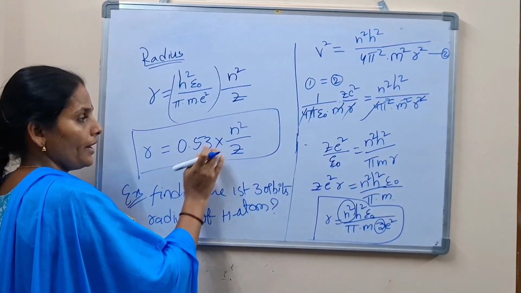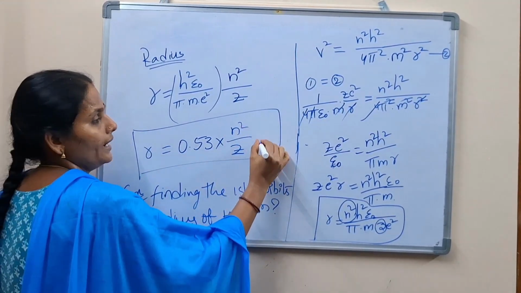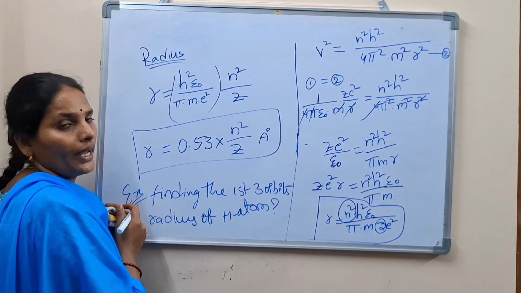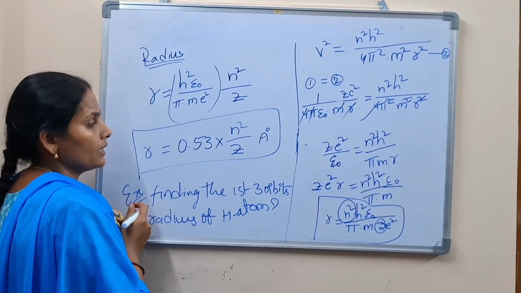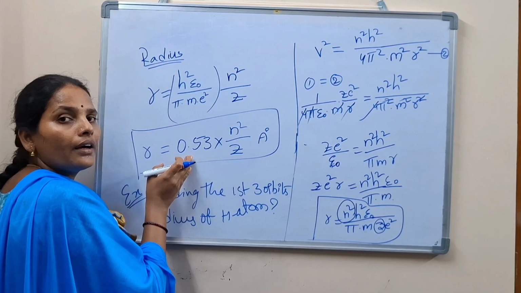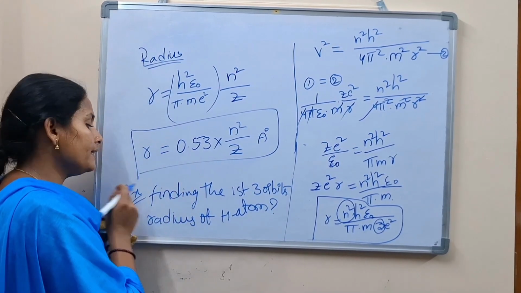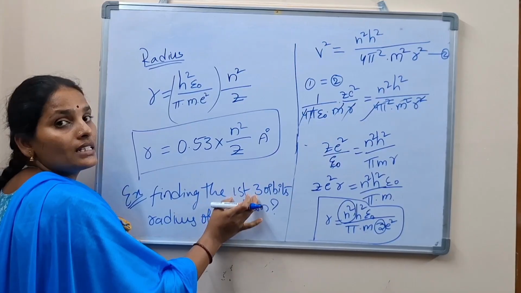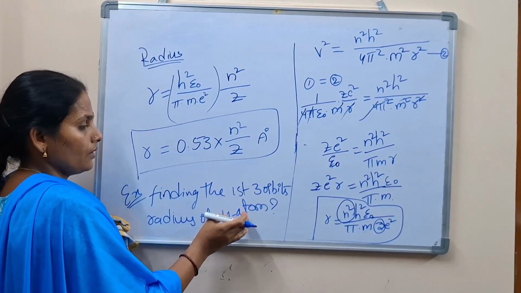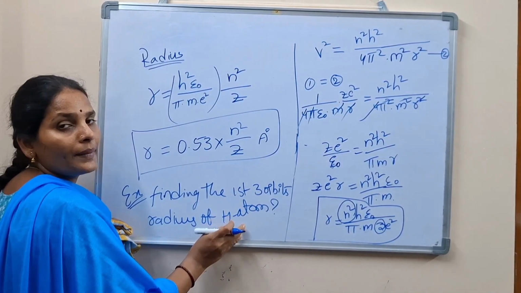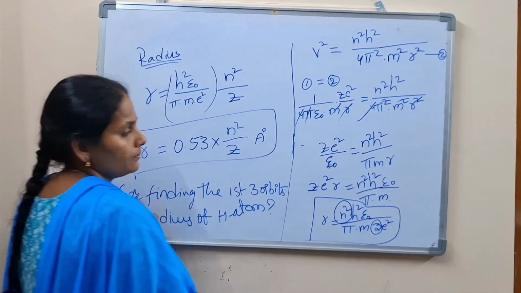Sorry, 0.53 n square by z in angstroms. Next, by using this formula, we can calculate the radius of the first 3 orbits of hydrogen atom.